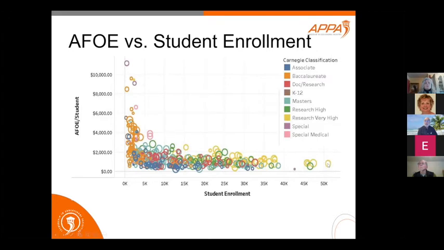The student tuition dollar goes pretty darn far, as opposed to this organization over here, which has very few students, is expensive to operate, and a student attending that institution is spending well over $10,000 just to have the facilities. Well, if it's a specialized facility, maybe that makes sense.